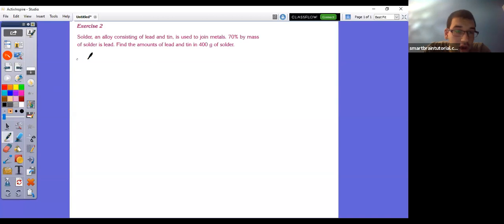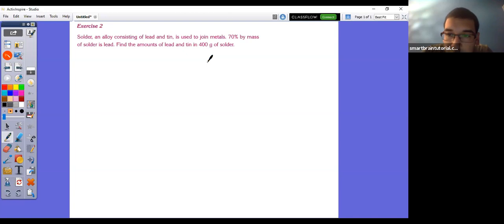So here is the exercise. Solder, an alloy consisting of lead and tin, is used to join metals. 70% by mass is lead. We will find the amounts of lead and tin in 400 grams of this alloy. This is simple.